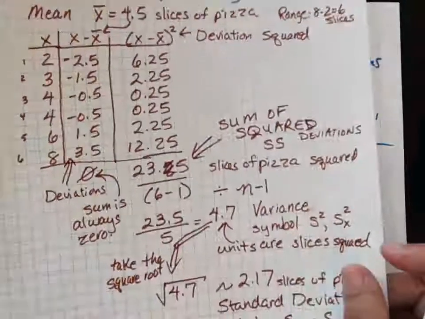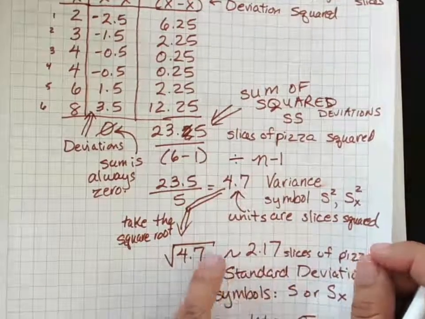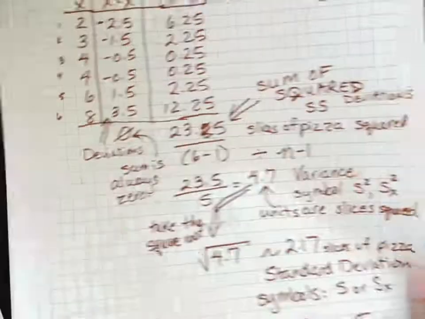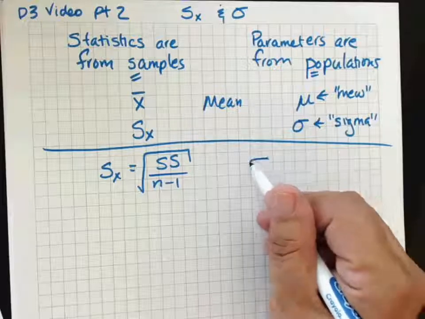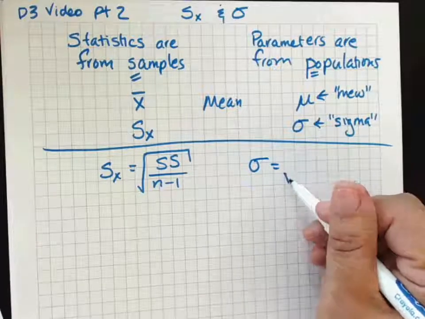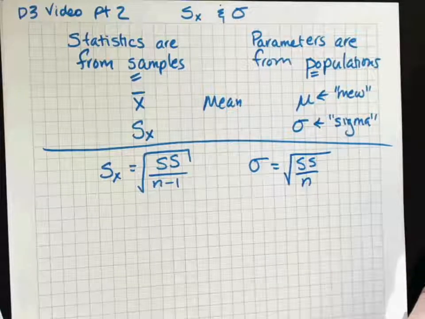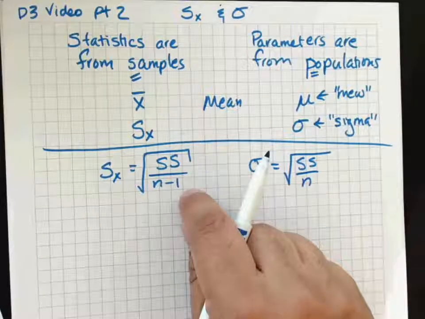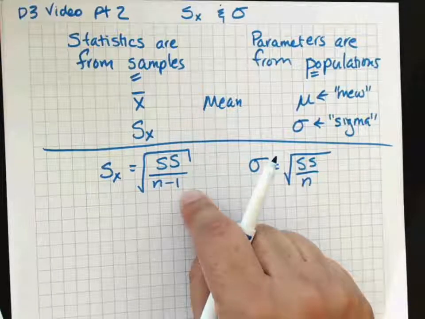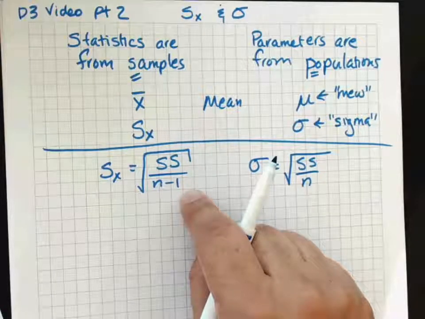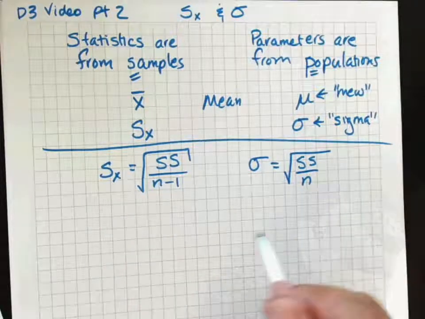For a population, instead of dividing by n minus 1, we divide by n. We use n minus 1 for technical reasons. I won't go into the derivation here. And then we use n for the population.